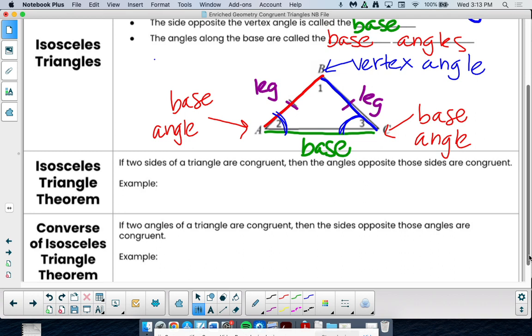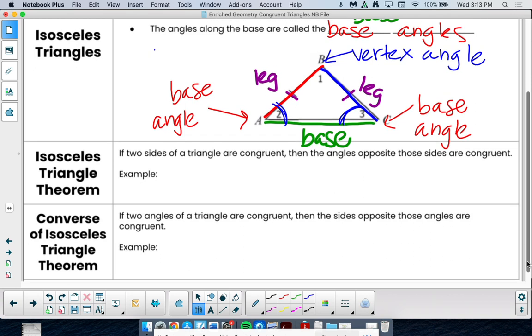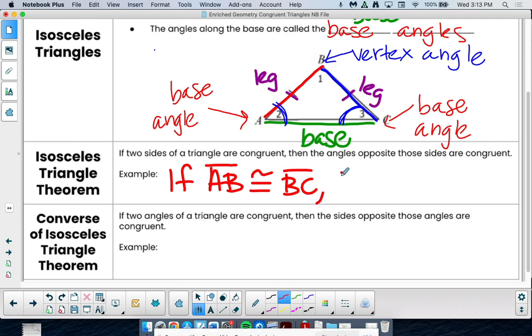Our isosceles triangle theorem says if 2 sides of a triangle are congruent, then the angles opposite those sides are congruent. That's saying we have our 2 legs that we know are congruent, then I know our base angles are congruent. So in our picture up here, if segment AB is congruent to segment BC, then angle 2 is congruent to angle 3.